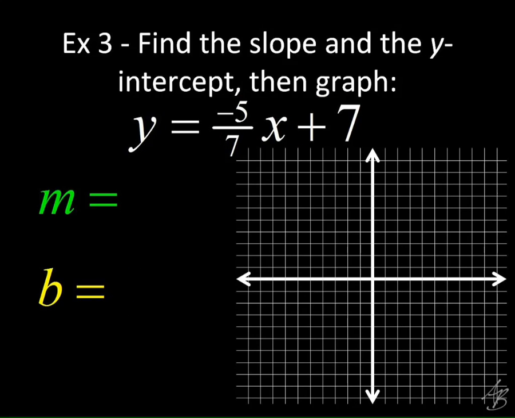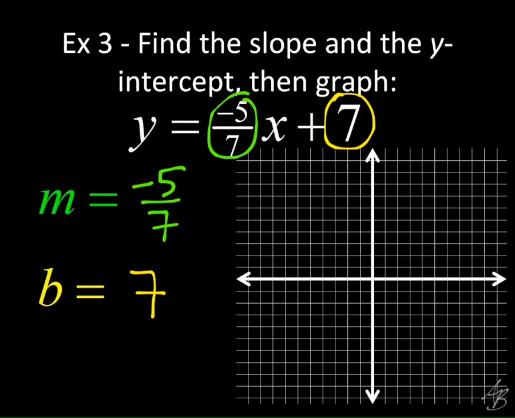All right, in the next example, what's the slope going to be here? -5/7. That's your slope. And your y-intercept? Y-intercept is the number by itself, so that's going to be the 7. Which one do I plot first? Okay, I'm going to do the y-intercept first, and that's going to be where? Up 7. So we get our y-intercept right there.